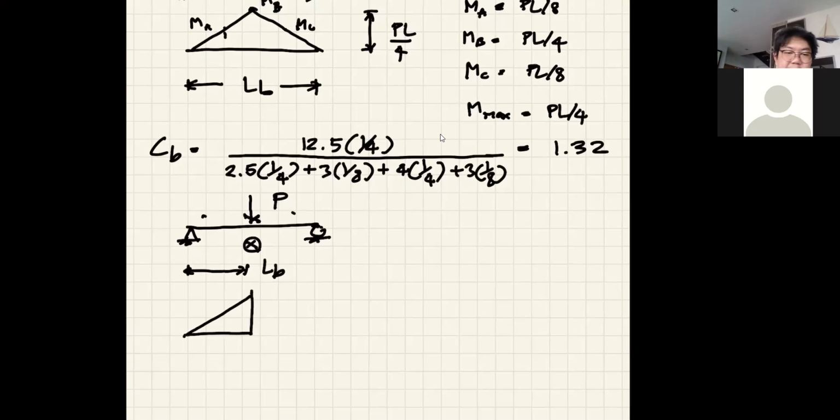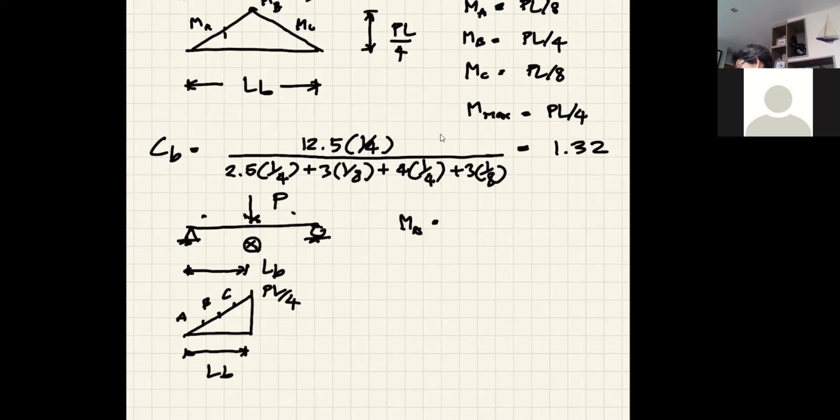So that becomes the bending moment diagram under the unbraced length. Okay, and again, I divide this into 4 equal lengths. That's my point A, point B, and point C. So in this case, my MA is a quarter, and M max here is PL over 4 as well, right?